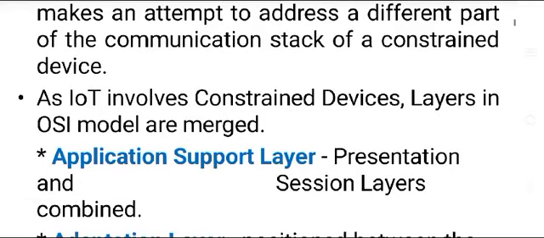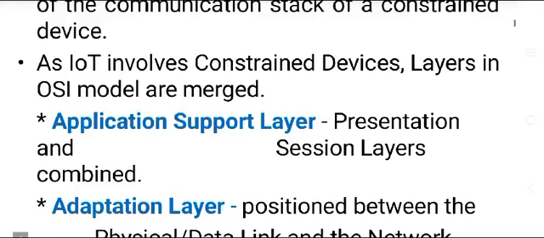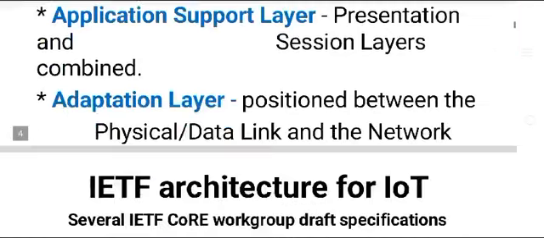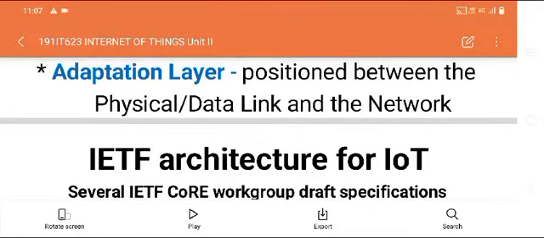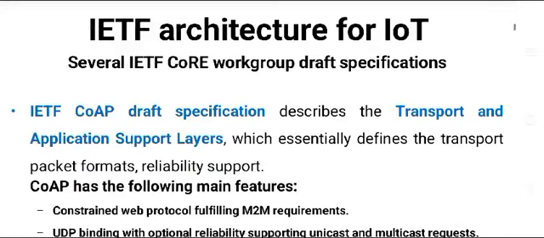So here all the IoT device layers and OSI models are merged into a single IoT stack. It consists of an application support layer, where the presentation and the session layers are combined, and it has an adaptation layer. This adaptation layer is positioned between the physical data link and the network layer.